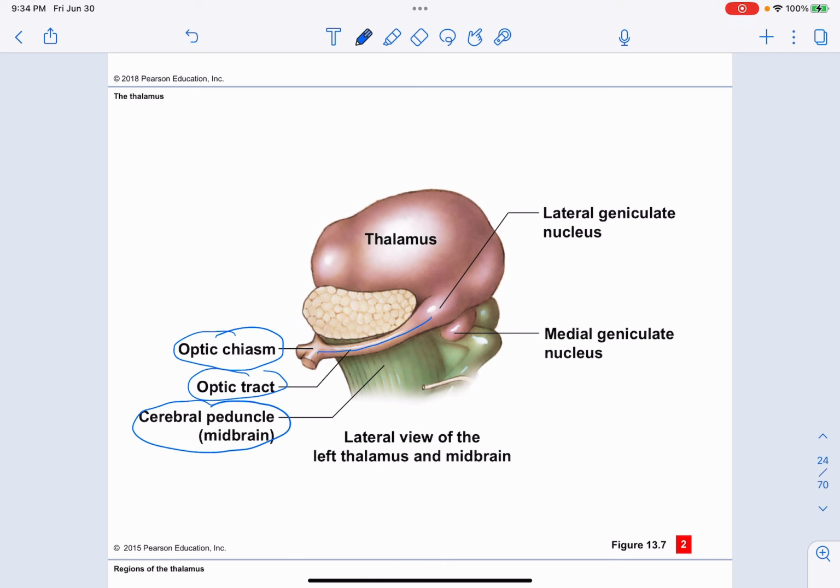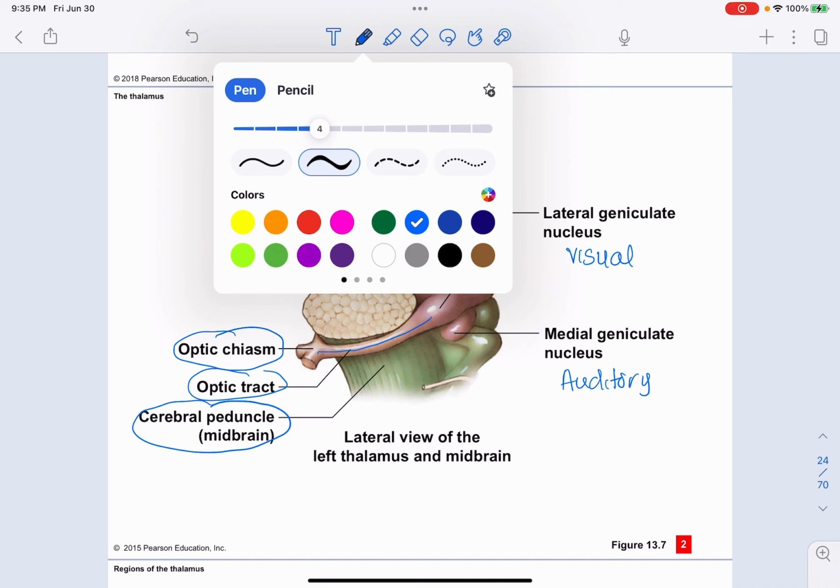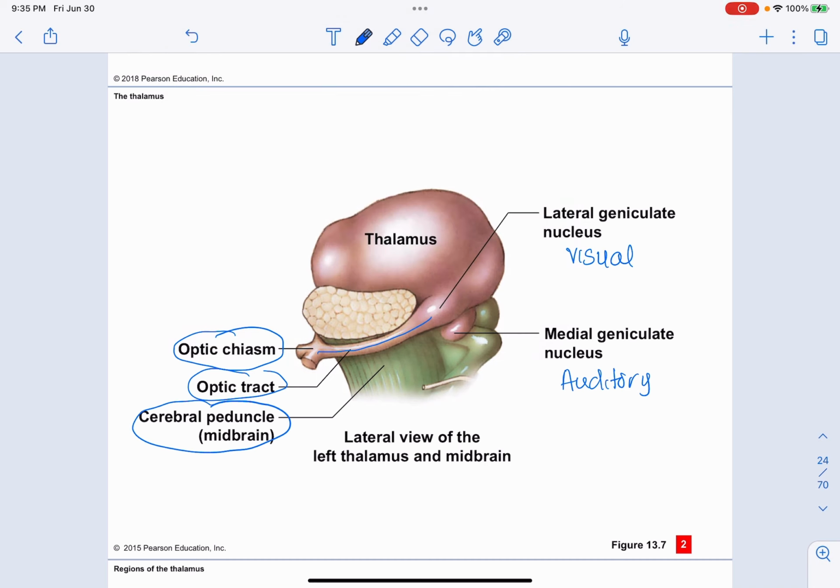So in the same vein, the medial geniculate nucleus, this is going to also act as a filter, but this is acting in a little bit of a different way. So this is visual, and this is auditory. And so you can probably guess how the medial geniculate nucleus is working in the auditory way. So it's also acting as a filter.